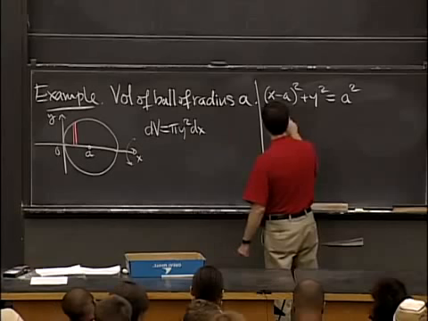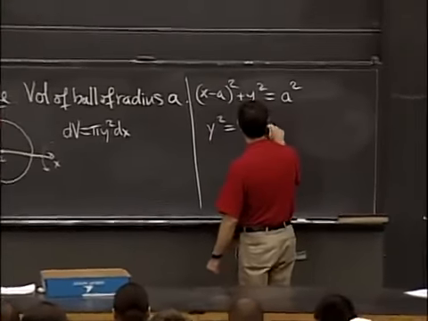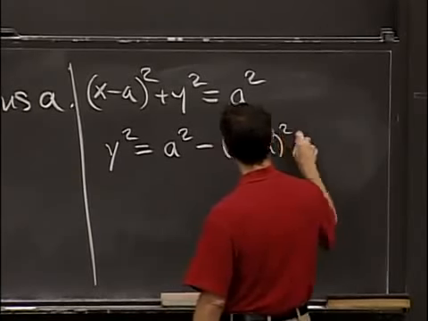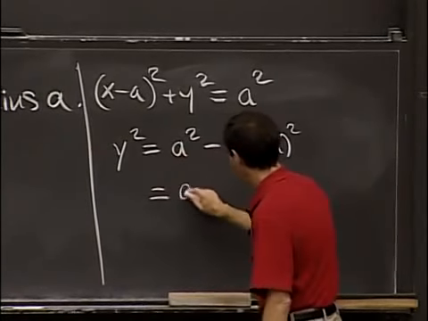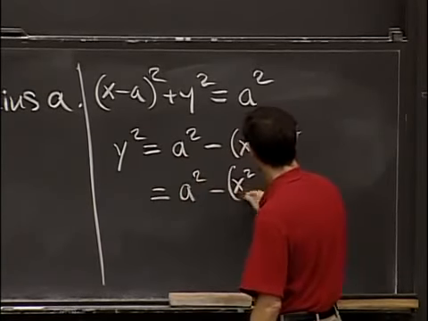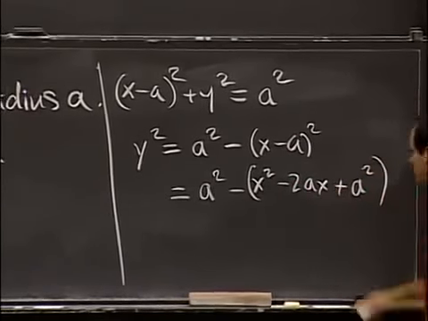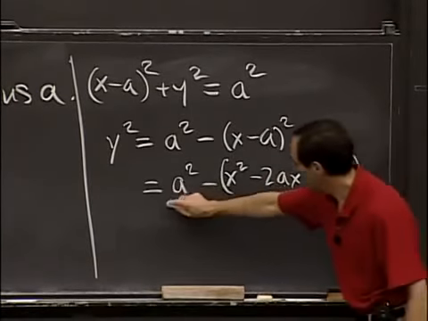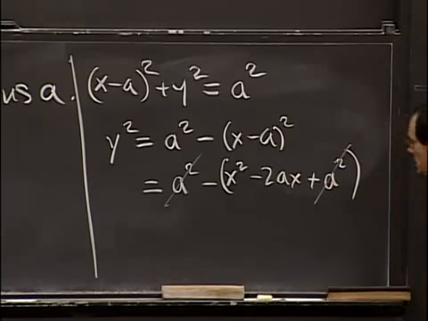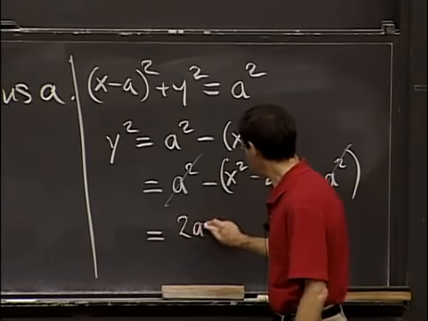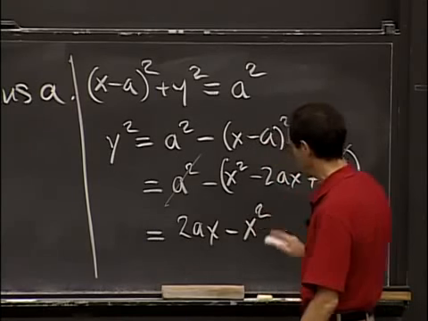So let's just solve for y squared, and we won't have to solve a quadratic or anything. Take a square root. That's nice. This is a squared minus x squared minus 2ax plus a squared. The a squareds cancel. These two terms cancel. And so the formula here is 2ax minus x squared.